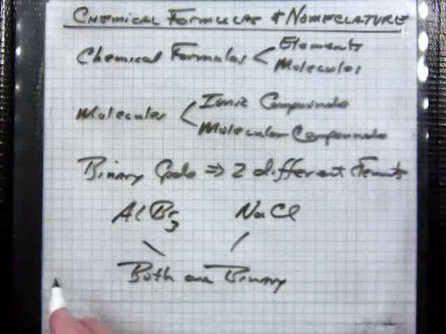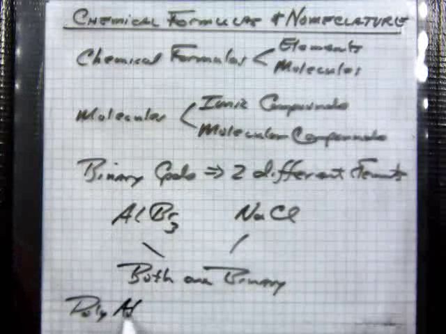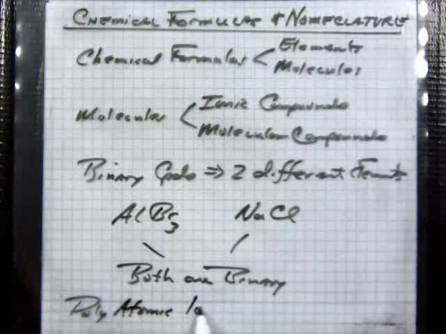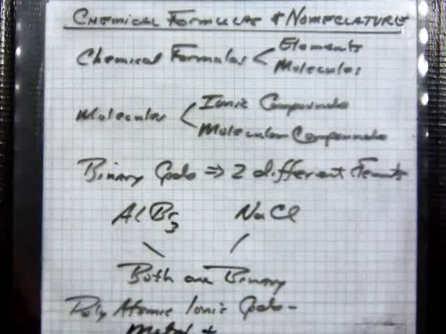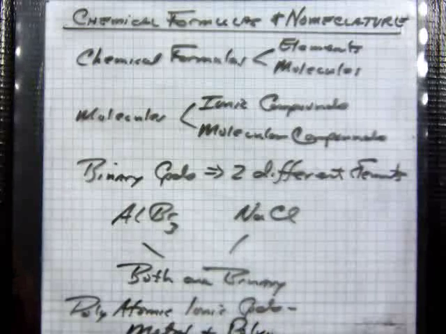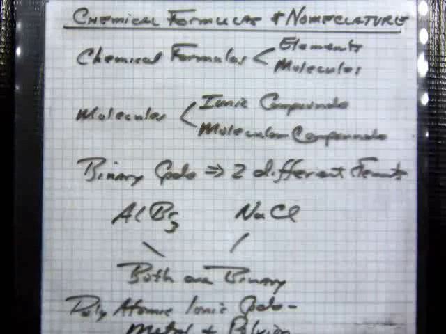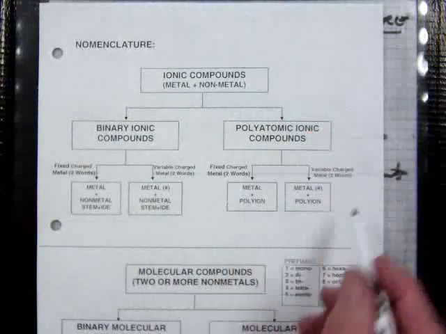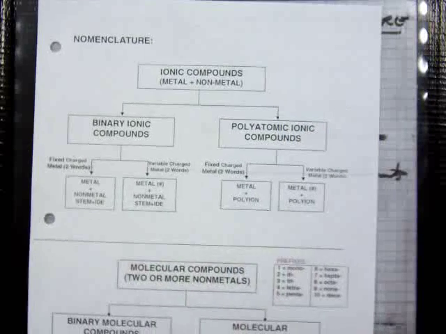Then you have the polyatomics, which is a metal plus a polyion. In that context, as you see down at the bottom right of that block of classifications, metal and a polyion, and we'll talk about the other notations that are in there in a second.